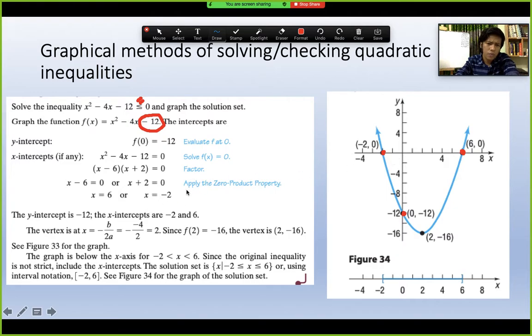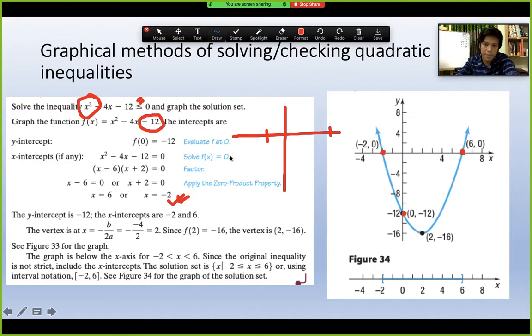Actually, if you solve up to here, then you know the solution, because you know that the graph is x squared, that means it opens up. So you see roughly how you can draw the graph. One intercept is minus 2, another intercept is plus 6.